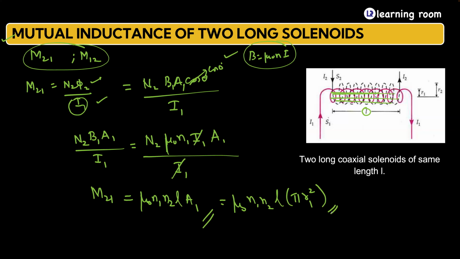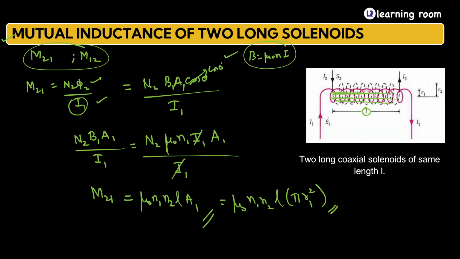Okay, so write it down. They have written it in terms of capital N. Small n1 is capital N1 by L1. L1 and L2 are the same now.